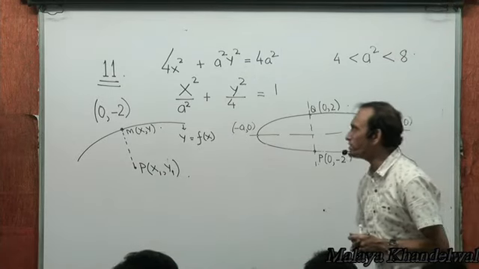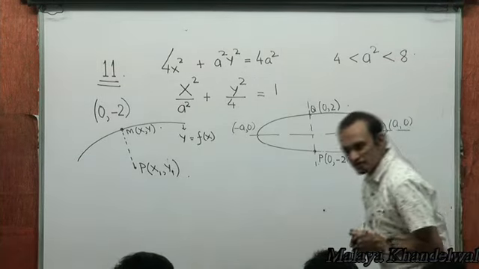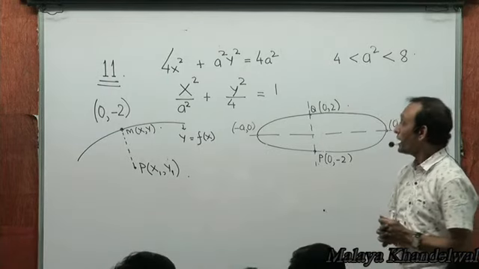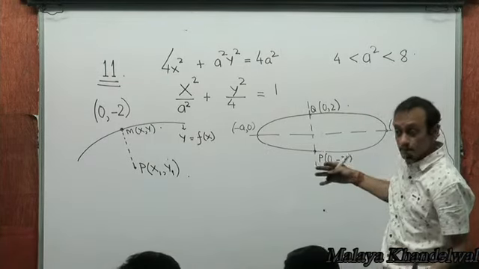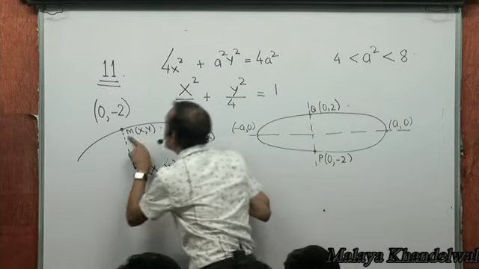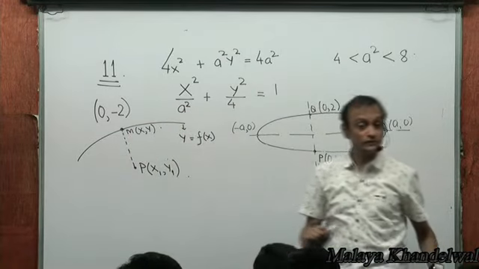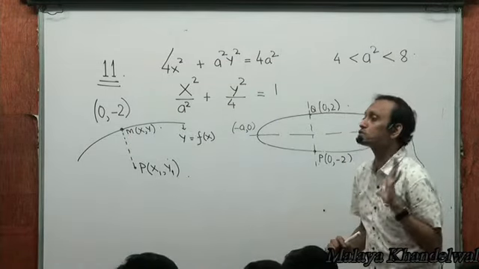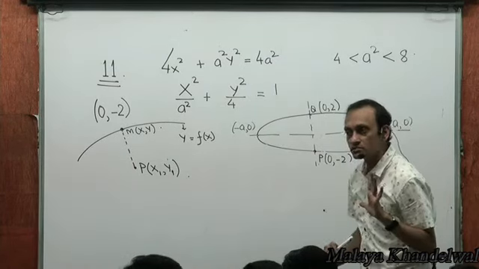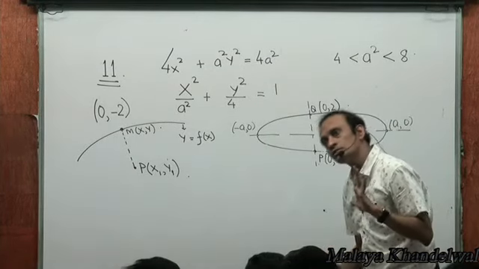The problem that I'm trying to address is, given a fixed point P (x1, y1) and a curve y equal to f(x), I want to be able to locate a point M on the curve such that PM is the smallest it could be.